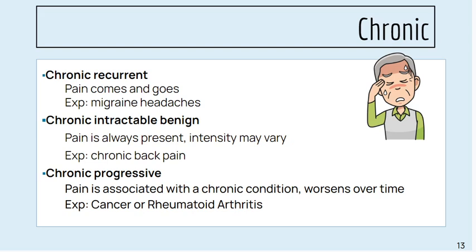Okay, looking at chronic pain. Chronic can be recurrent, like I was explaining. That's where the pain comes and goes. The easiest example I can think of is migraine headaches. And then chronic intractable benign pain is always present, and that intensity may vary.